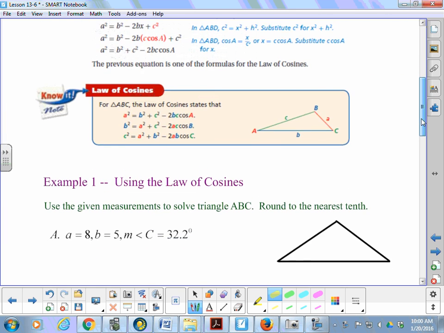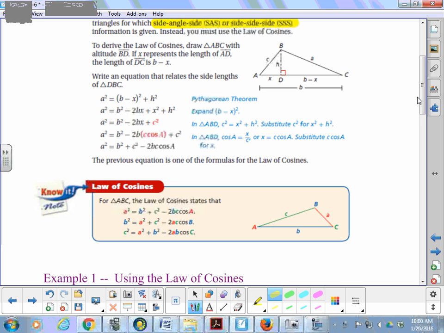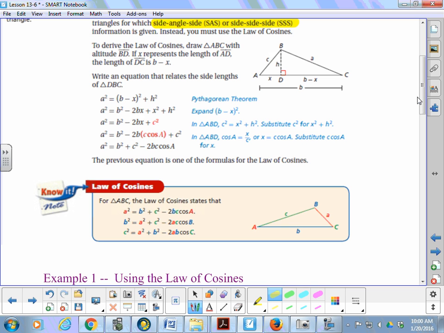And here is the law of cosines. Now, I would write down the third one here, because if you look at it, it looks exactly like something else with some additional stuff to it.